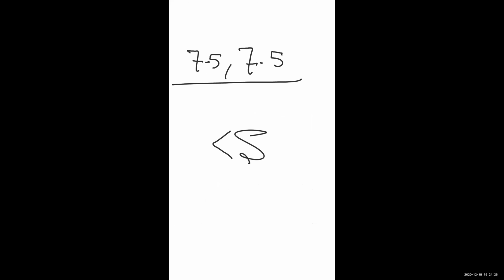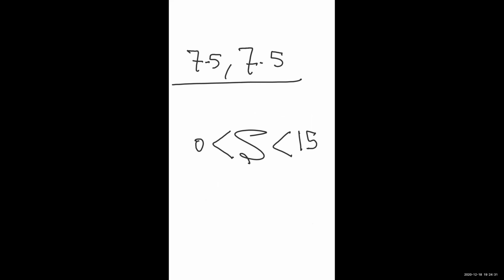One more example, guys. If it's 7.5 and 7.5, we want the interval for the third. Whether it's a side or length or whatever, I don't care about the letter. It will be greater than the difference, which is 0, and less than the sum, which is 15.